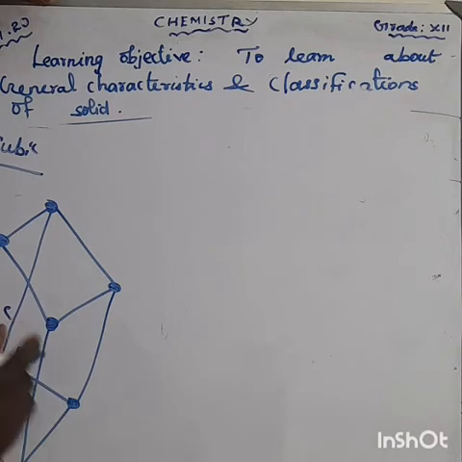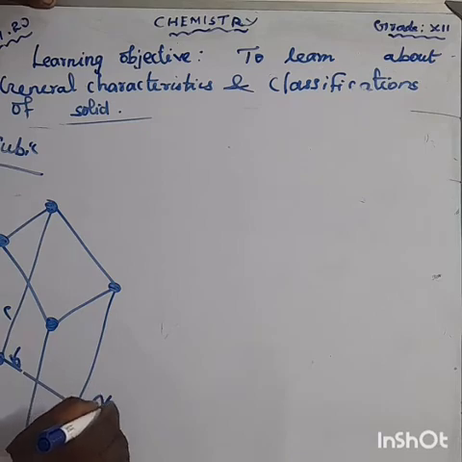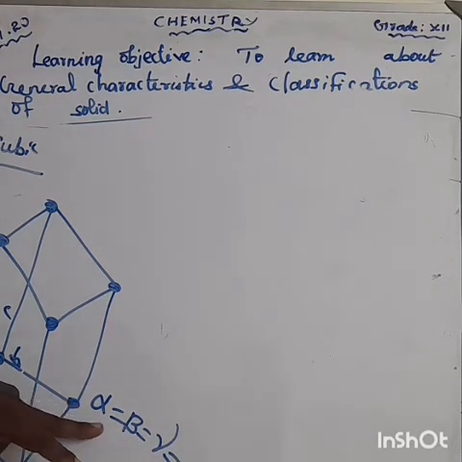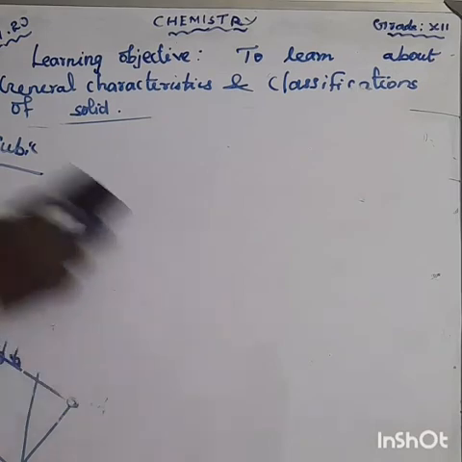So alpha is equal to beta is equal to gamma, and we can say 90 degrees.